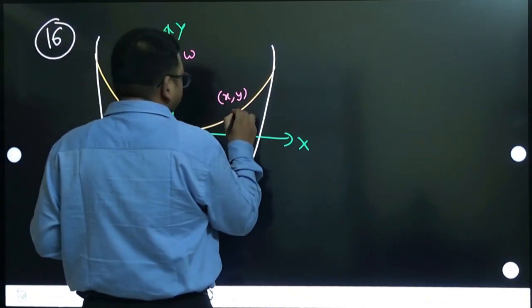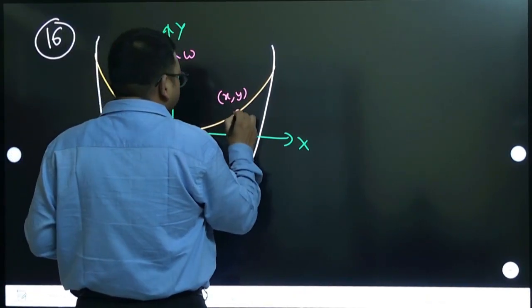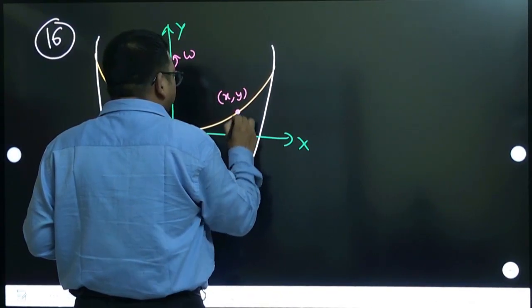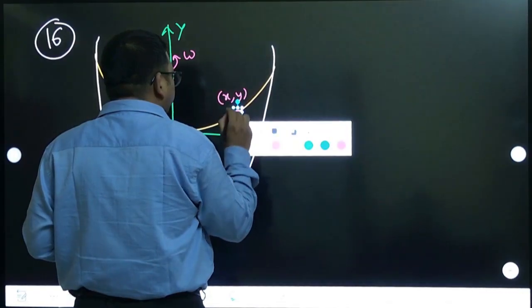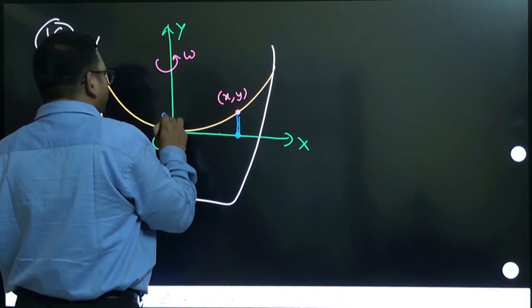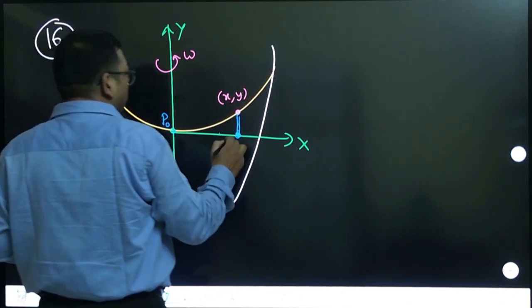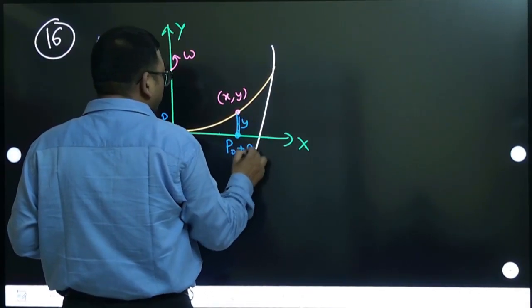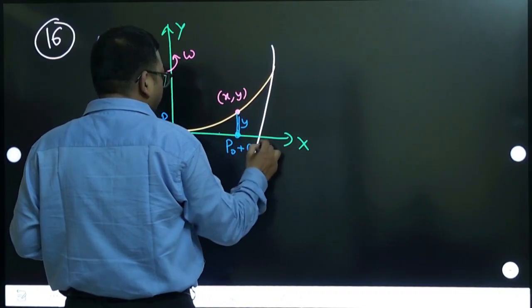So note that if you consider here, due to this height, there will be a pressure here. What will be the pressure here? Here you can take atmospheric pressure P naught. Here you will take P naught plus rho g h, which is y.